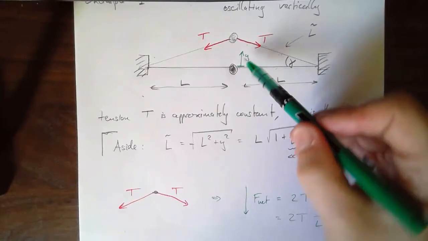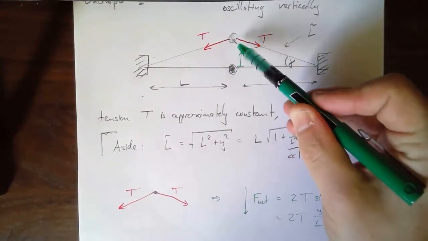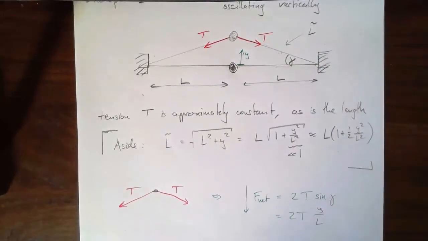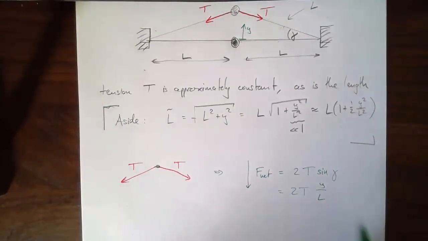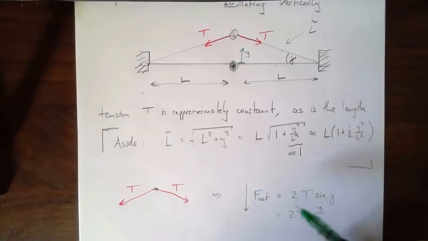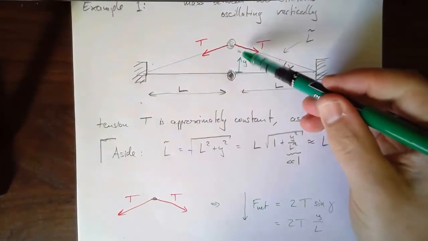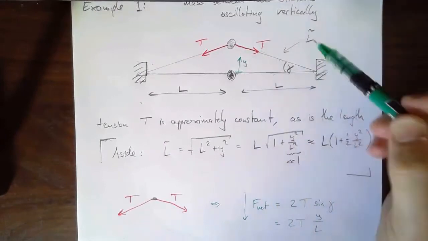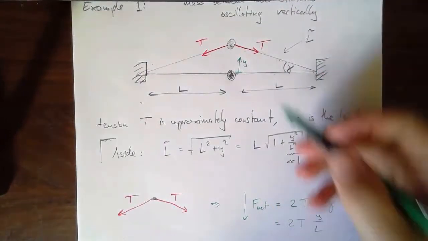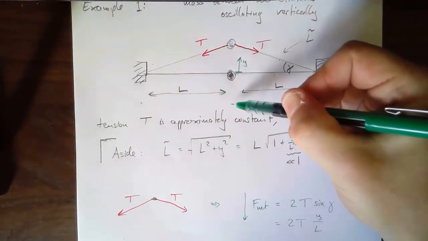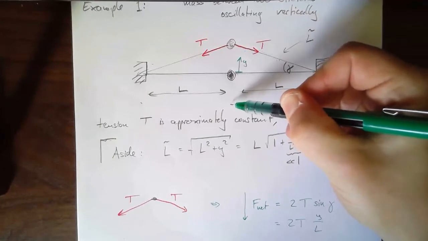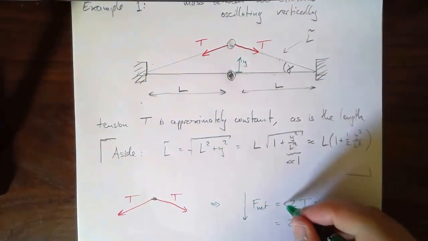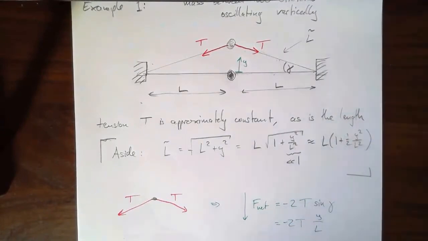And so the sine of this angle is the y position divided by L. That's my net force. Now, of course I've made a mistake here, because if y is in the positive direction, which I called up positive, then the force is going to be down, whereas if y is negative and the object's down here, negative y position, then the force would be in the positive direction. We should have put a minus sign in front of this.